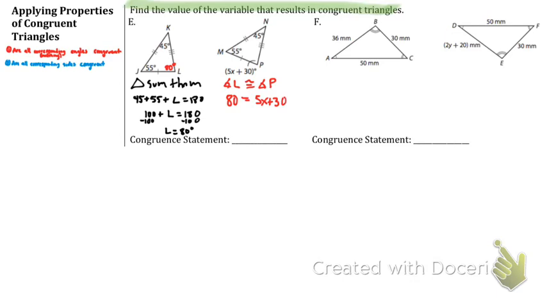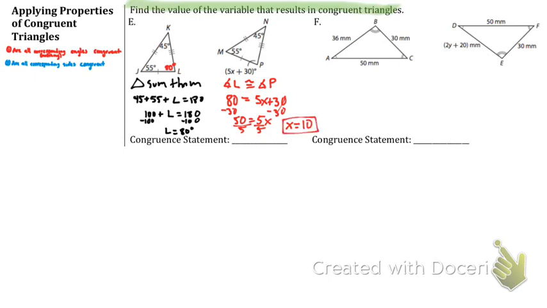We can now solve for x. So we're going to subtract 30. We get 50 equal to 5x, divide by 5. And x is going to equal 10.